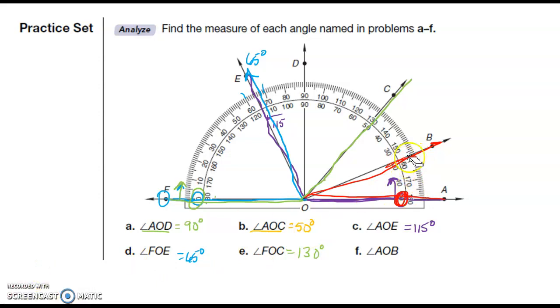Hold on a minute. So let's see. We know that this is the one. It goes here. So this is 20 because we don't start at 180. We start at 0. 20 is here. 21, 22, 23. Kind of hard to see those little marks, but that's where we're at.